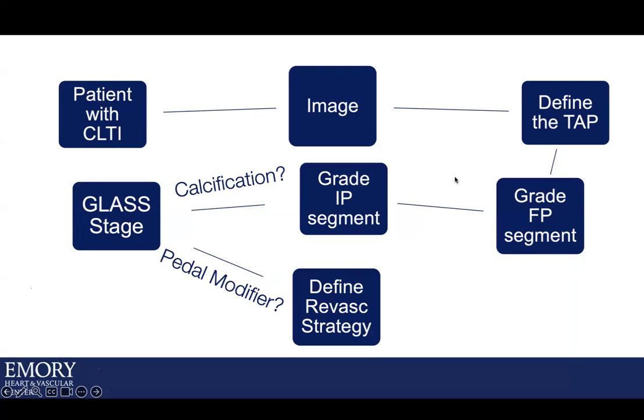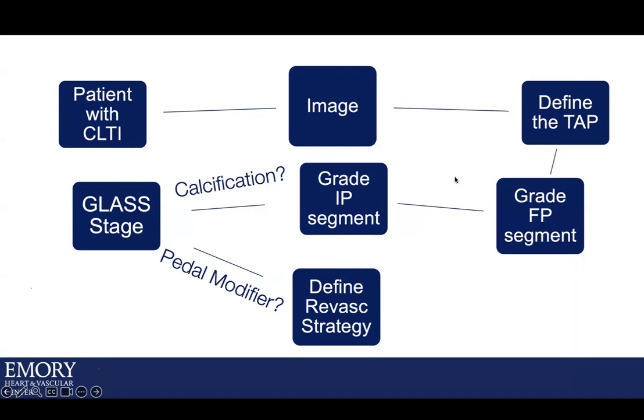And this is kind of a review slide because these are heavy, difficult information. I wanted to summarize what I've talked about so far before I move to the next point about management. So using the GLASS staging system involves these steps.